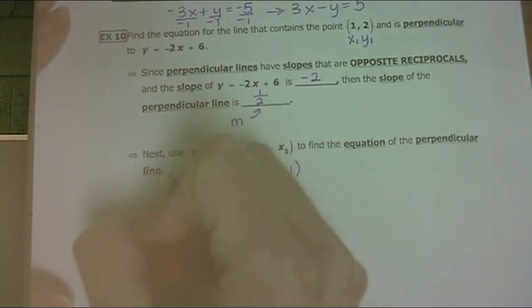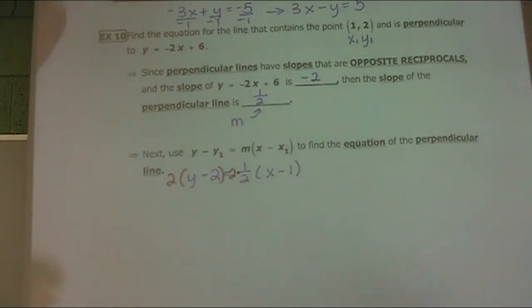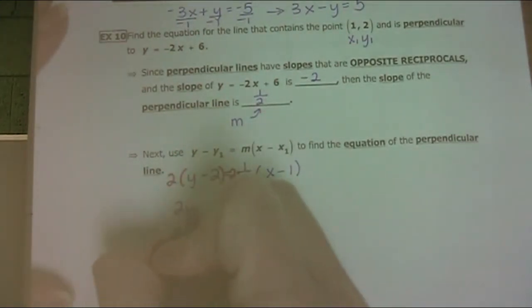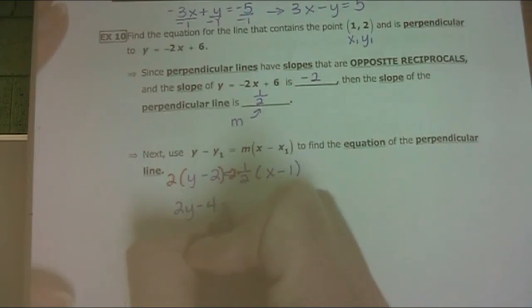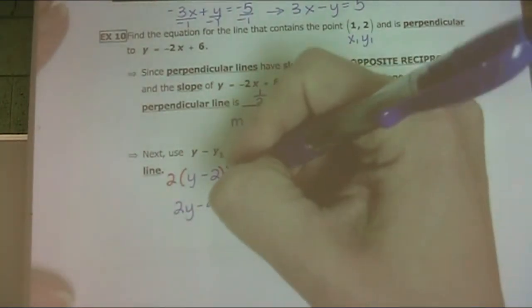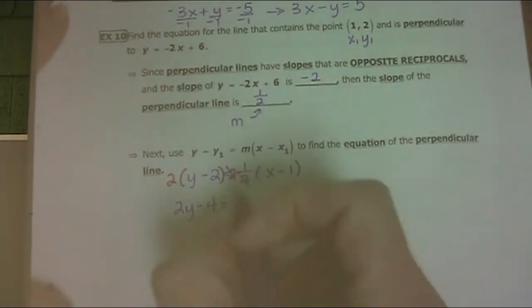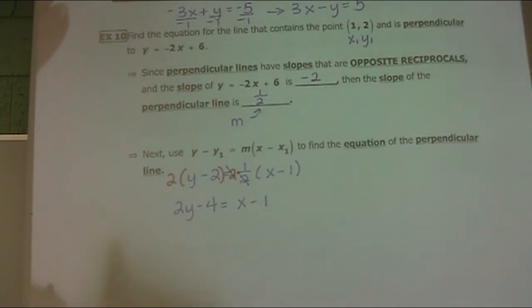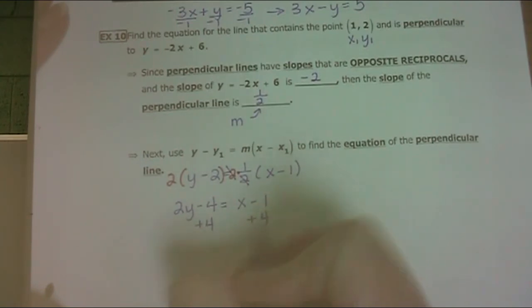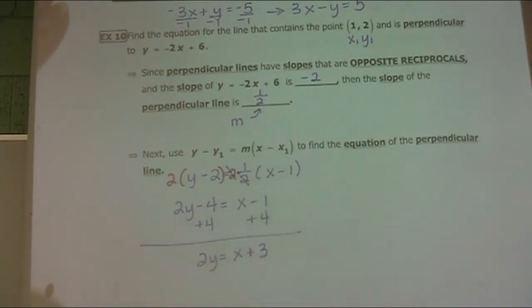On the left, this means I'll need to distribute. So I've got 2y minus 4. On the right, the 2 and the 2 in the denominator will cancel, and I'm just distributing 1, so I have x minus 1. Next, get all your constants together. So add 4 to both sides, and we get 2y equals x plus 3.